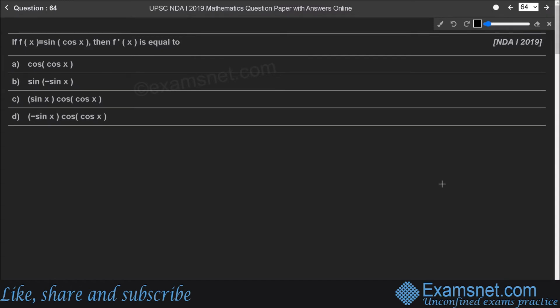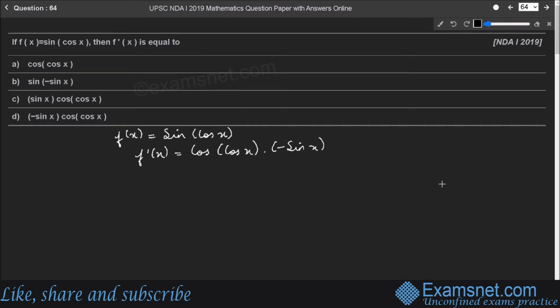Next question is, if f of x is equal to sine of cos x, then f dash x is equal to. It is a very simple question. It is given that f of x is equal to sine of cos x. Therefore, f dash x will be equals to cos of cos x minus sine x.